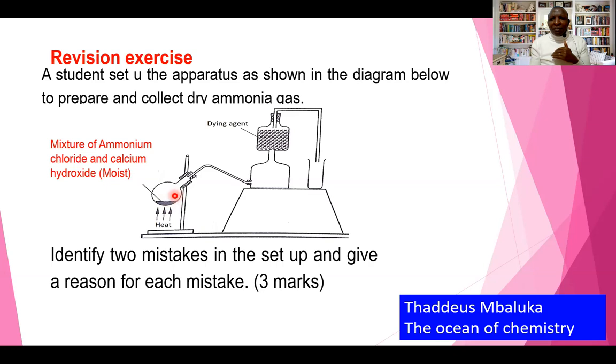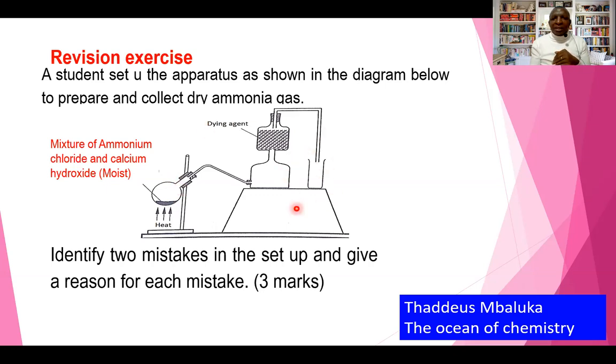That is a very wrong statement. First of all, you are giving us the correction, not the mistake. The flask here is slanting upwards. The correct position should have been slanting downward. But for this one, the mistake is the flask is slanting upwards. The water vapor produced will condense and flow back to the flask, causing it to break.